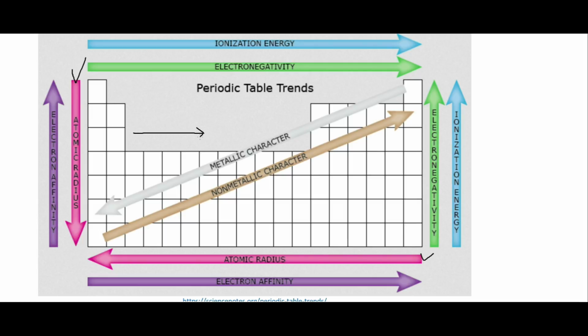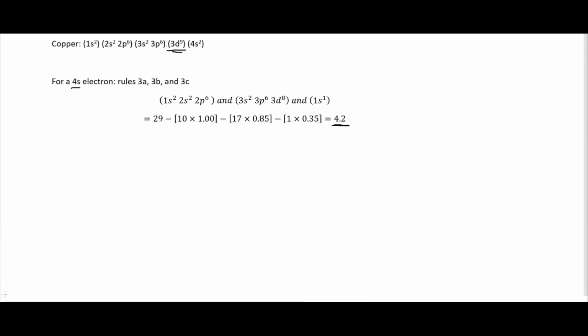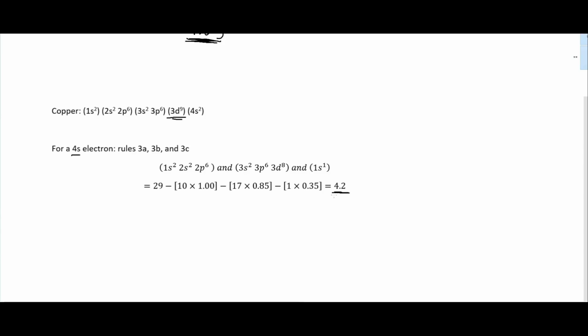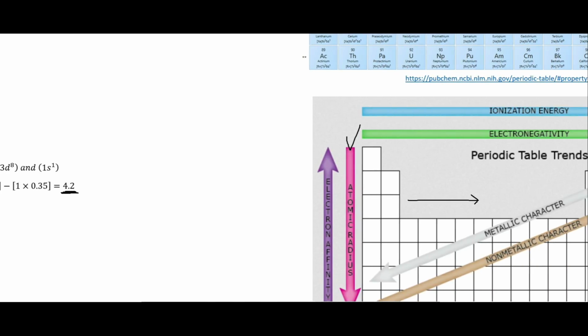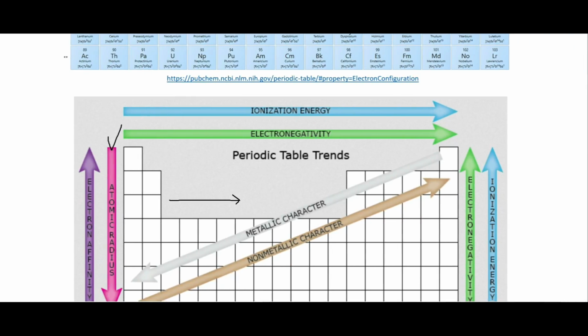So you'd think the atomic radius would get larger as you go left to right, but the atomic radius is actually getting smaller, and that's because the electrons, when you add another proton, are feeling a little bit more of that Z effective because the extra electron doesn't block as much of the positive charge as a complete proton.